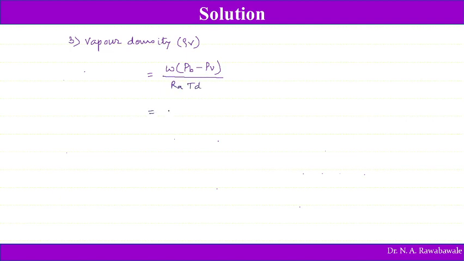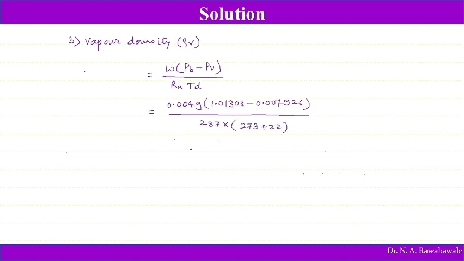So omega we know, that is 0.0049 kg per kg of dry air, into PB is 1.01308 minus PV is 0.007926, divided by RA is 287 into dry bulb temperature, which is 273 plus 22 degrees Celsius.